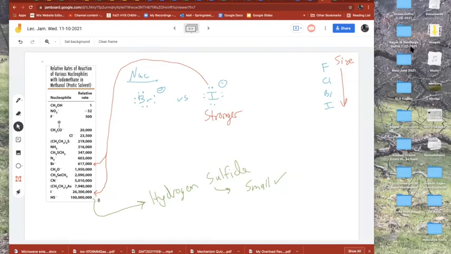It's got a full negative one charge. Good. What else? It's polarizable. Not too electronegative, right?